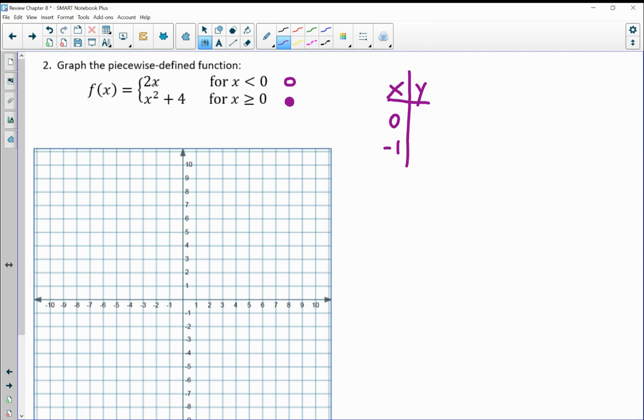If we plug in 0, 2 times 0 is 0. For -1, 2 times -1 is -2. So we have the open circle at (0, 0), and then (-1, -2), we have our point. So this is going to continue downwards in this direction. It's a linear graph.